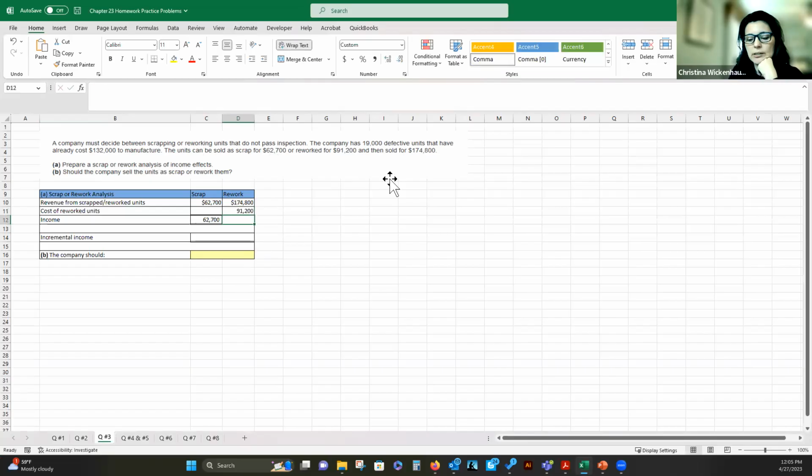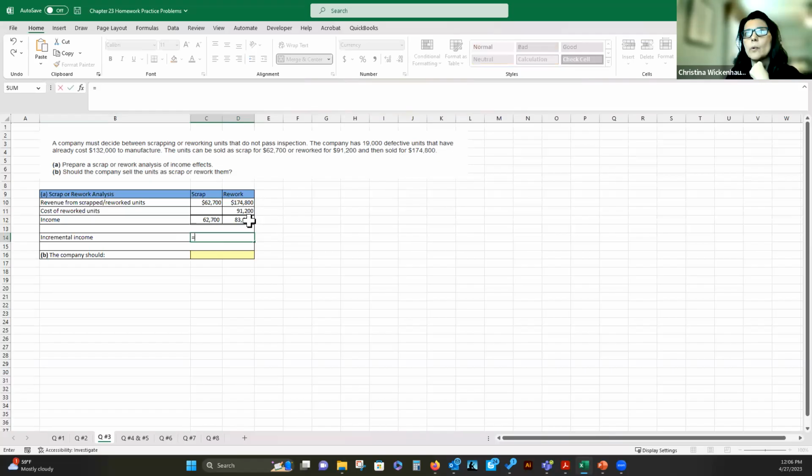So when I subtract those costs from the revenues, I find that my income is going to be $83,600. So I'm going to make more if I rework them. The incremental difference is $20,900. So I should definitely rework the units.